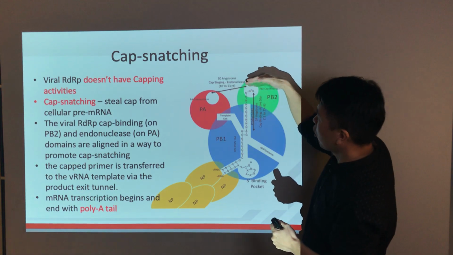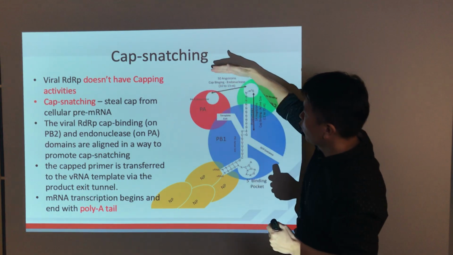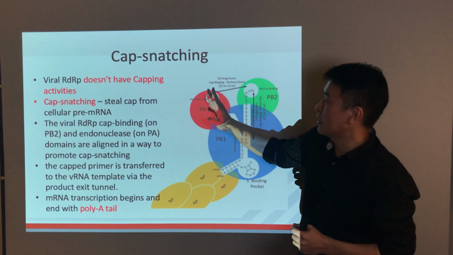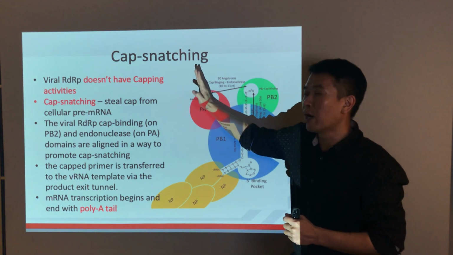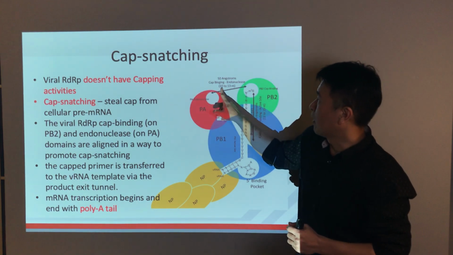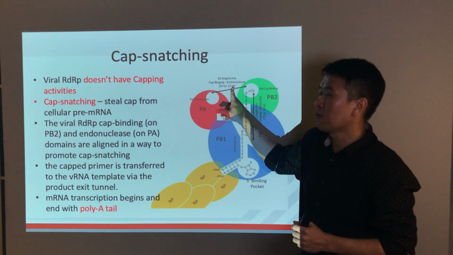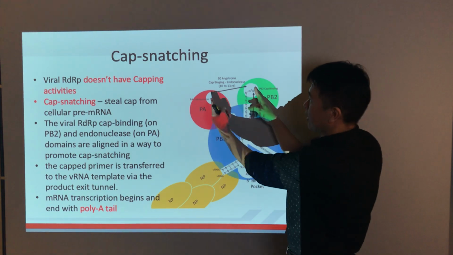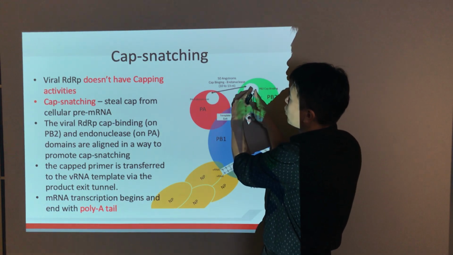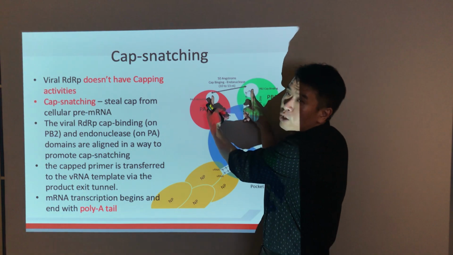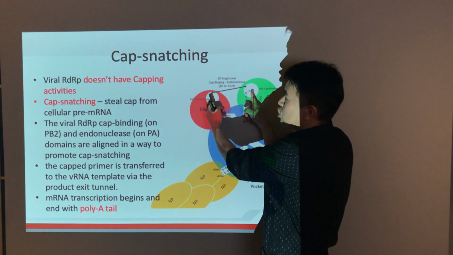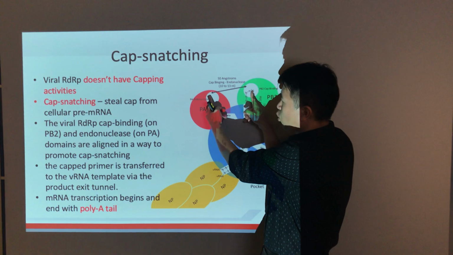When the original mRNA nucleotides reach here, the endonuclease will cleave the mRNA about 10 to 13 nucleotides from the cap. So now we have the cap with a short mRNA of 10 to 13 nucleotides, which originally came from the host.